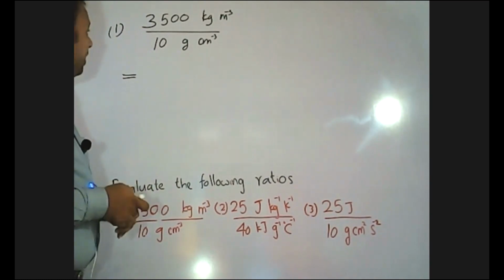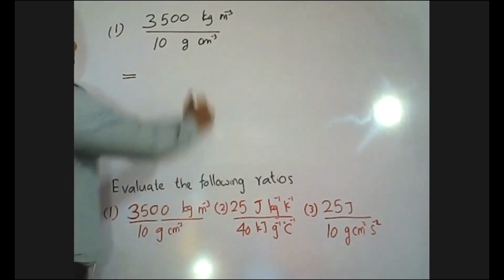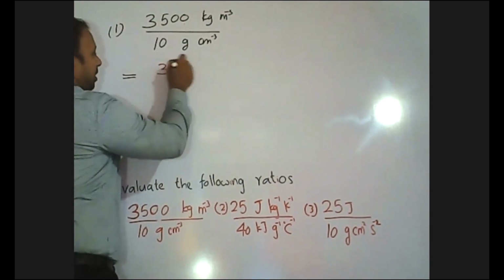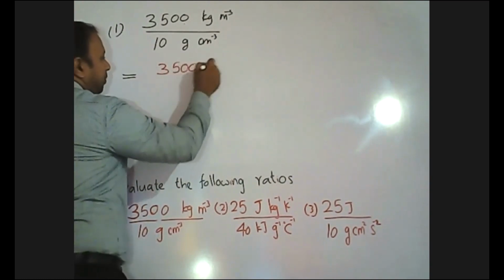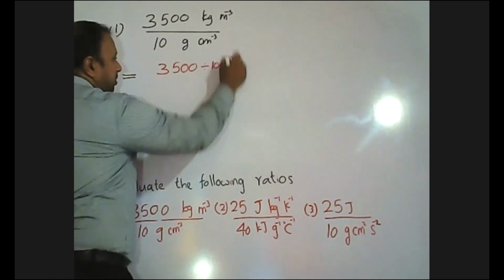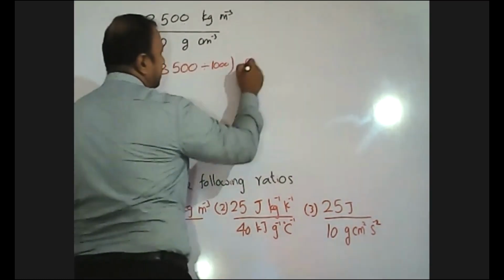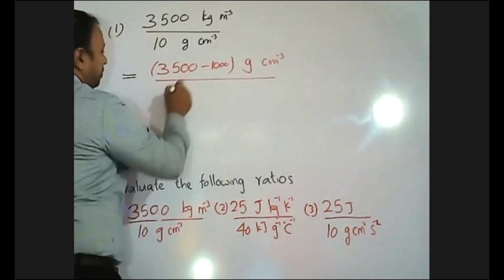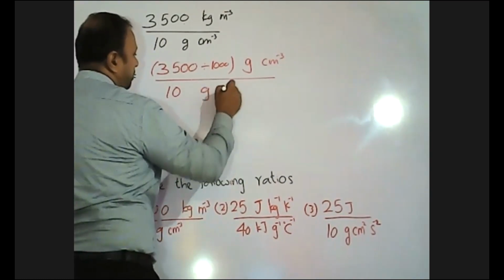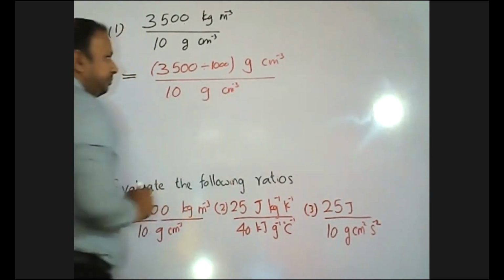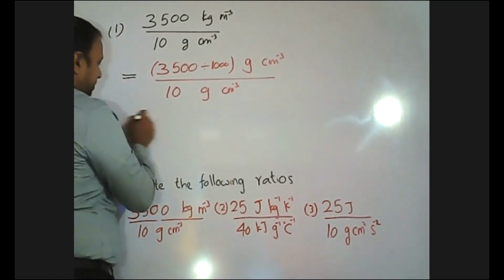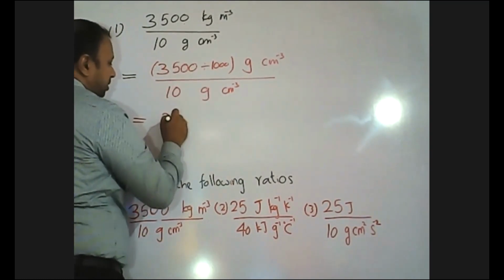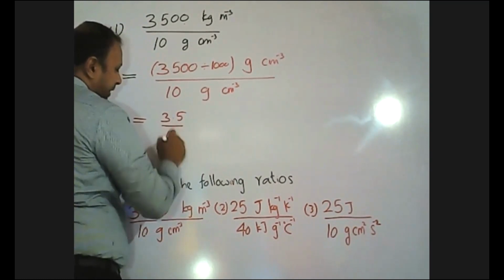So if I divide 3,500 by 1000, it becomes 3.5 gram per cubic centimeter, and you don't want to do anything for the denominator. So I have 3.5 over 10.